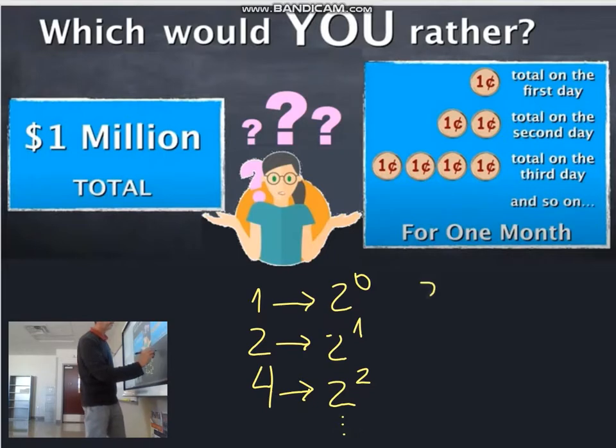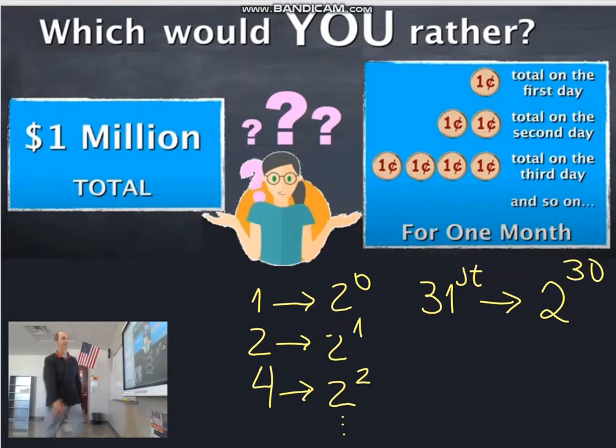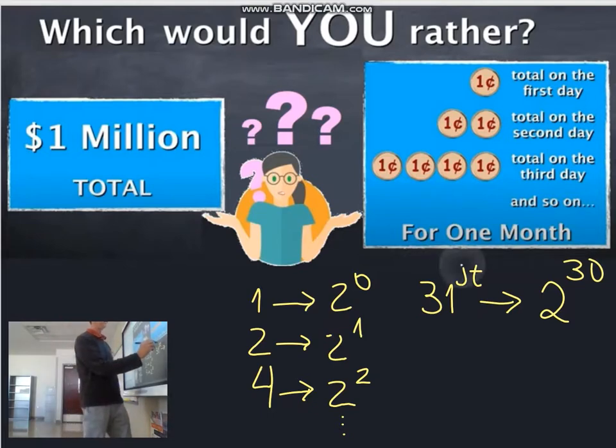On the 30th day, you're going to have 2 exponent 30 coins. This, if you try in your calculator, is going to be more than 1 billion coins.